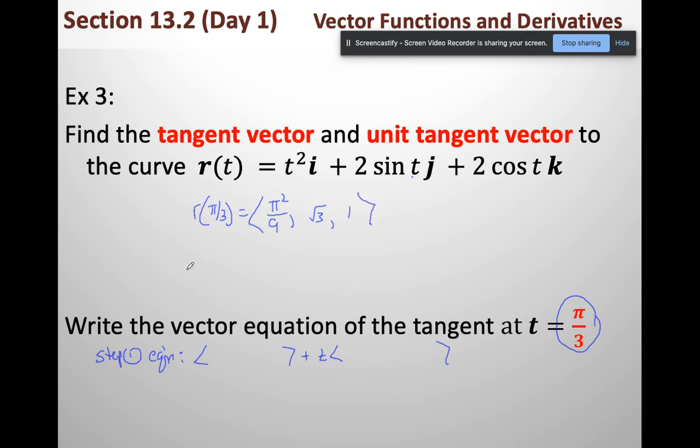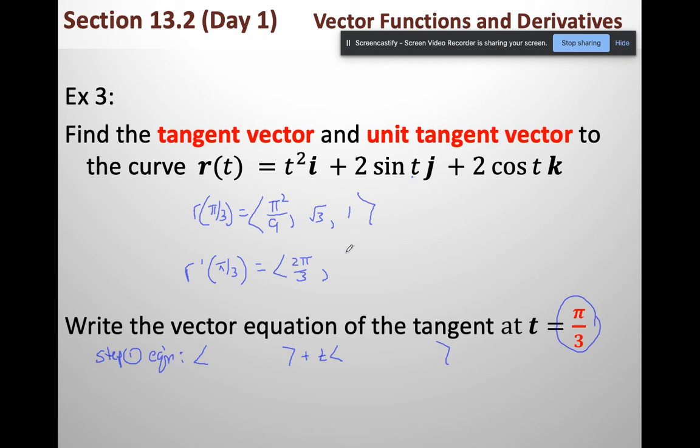But then I also need the slope at pi over 3. Now I erased my r prime, but you have it in your notes, right? So it's 2 times t. So that's 2 pi over 3. And then 2 cosine, right? 2 cosine of pi over 3, but cosine of pi over 3 is 1/2 times 2.